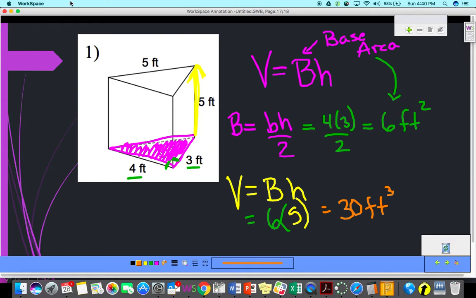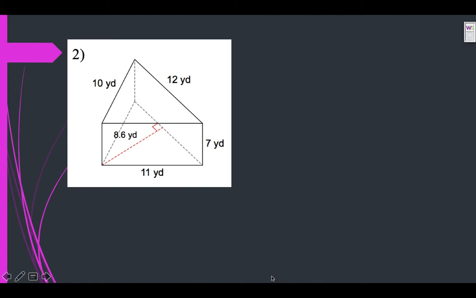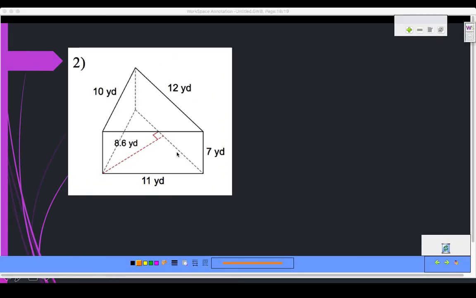Now, this isn't a particularly complicated concept other than when you get to shapes where it's hard to identify the base. Sometimes these shapes get messy because a lot of people want to think of this bottom rectangle here as the base. I would encourage you to think about the fact that a base is the same shape that can go throughout the entire three-dimensional object.